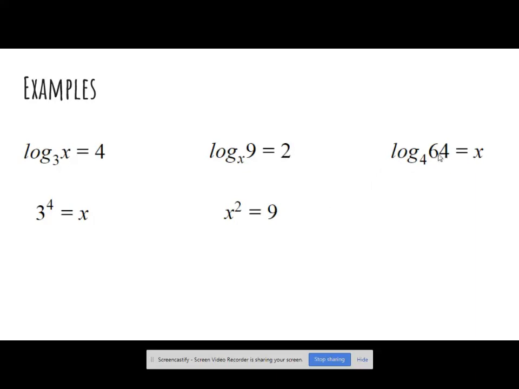For this one, same idea. 4 to the x power is going to equal 64. 4 to some power, however many times I have to multiply that 4 is going to give me 64. So the solutions for x in the second one should be plus or minus 3. Here are our solutions for that. So that's one way we can utilize being able to go back and forth between logarithms and exponents to solve for different parts of that problem.